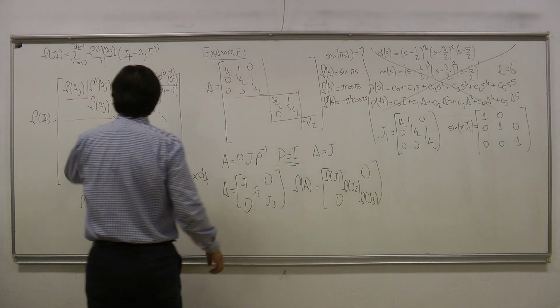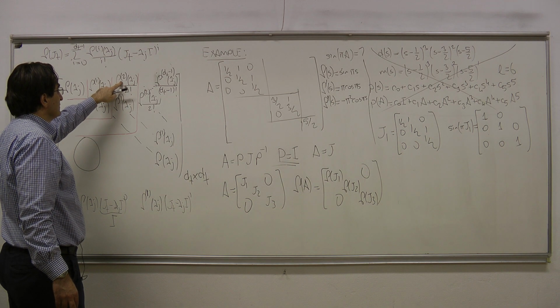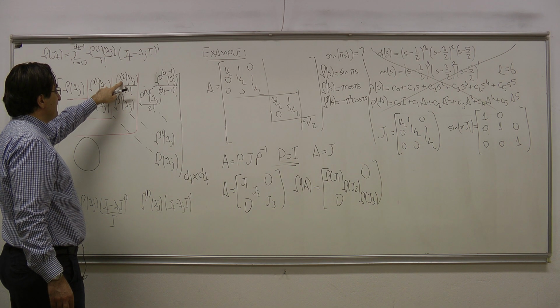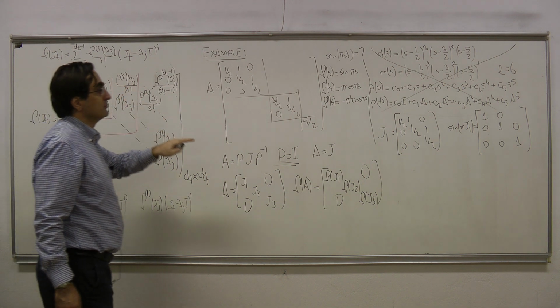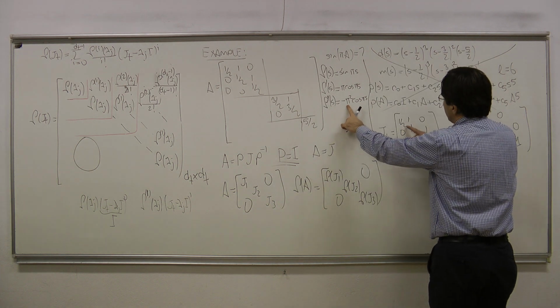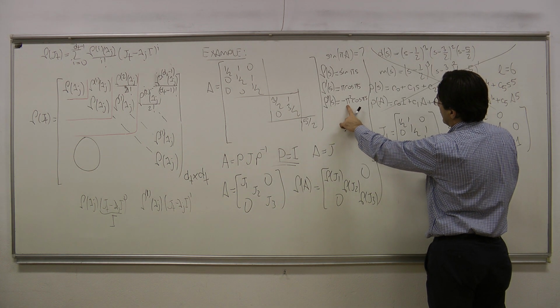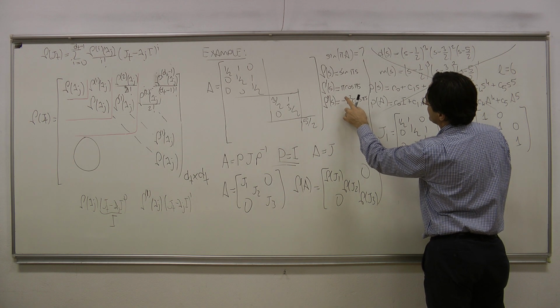Now the final thing is this element. It is the second derivative of f. Evaluate it at the eigenvalue of the Jordan block. Second derivative of f is this one. Evaluate this at the eigenvalue of the Jordan block, which is going to be, sorry, this derivative is wrong, right?